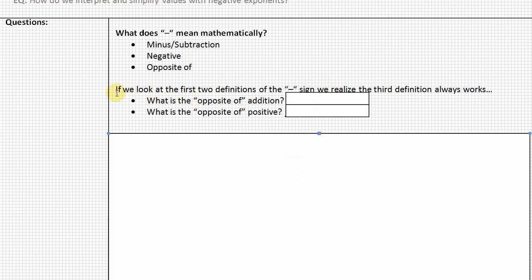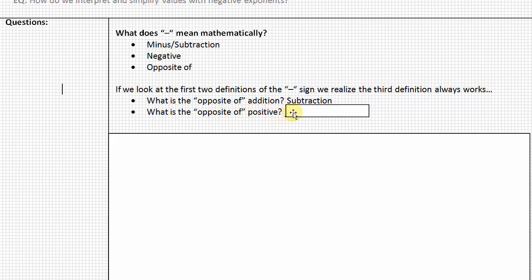And just to make sure that we really believe that opposite of is one interpretation of that dash, that sign, we can think about what is the opposite of addition and what is the opposite of positive. The opposite of addition is subtraction. So that takes care of our very first definition that we learned for that sign.